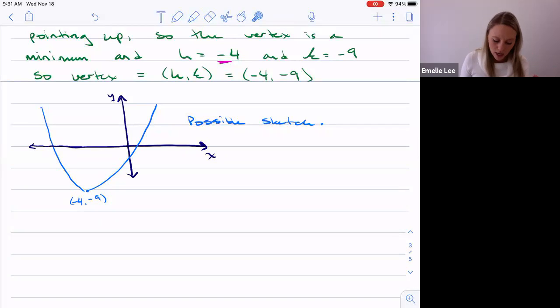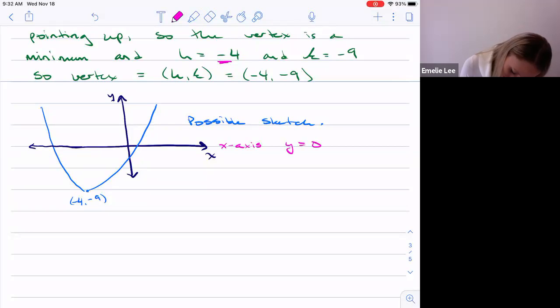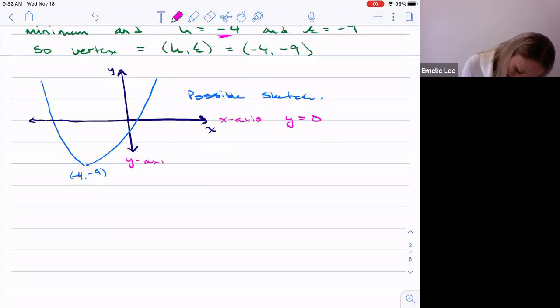The roots of a quadratic are the solutions where y is equal to 0. So on the x-axis, y is equal to 0, and on the y-axis, x is equal to 0. That's going to be really useful for finding the x and y-intercepts, which are an additional tool that we use to graph these functions.